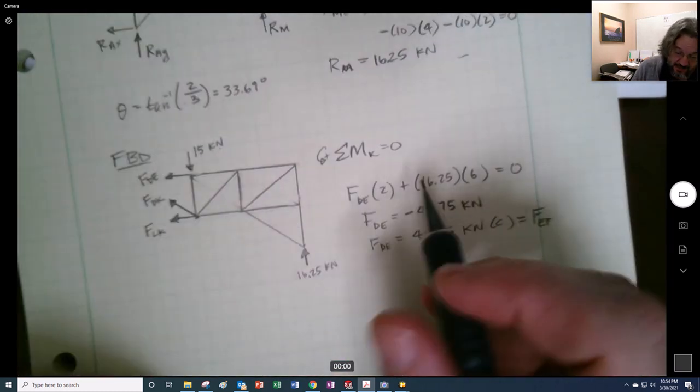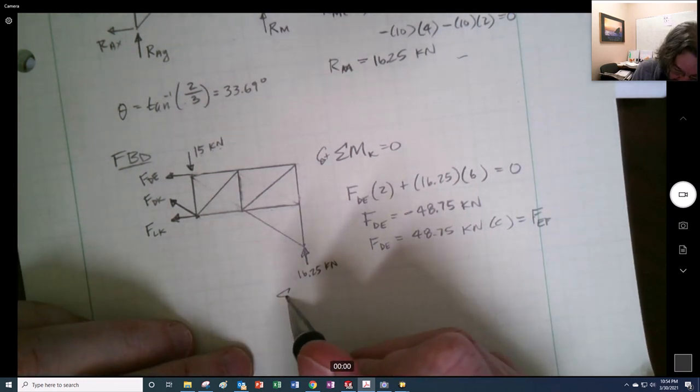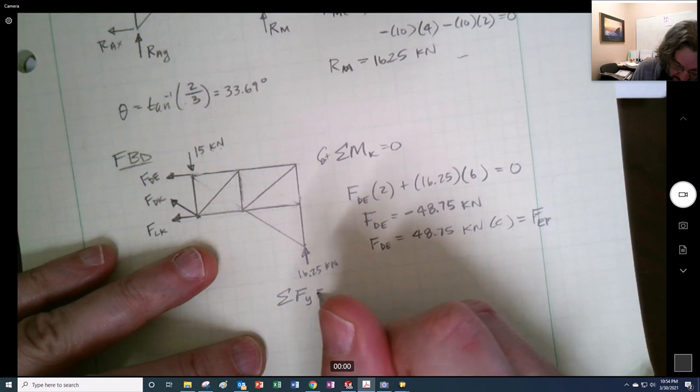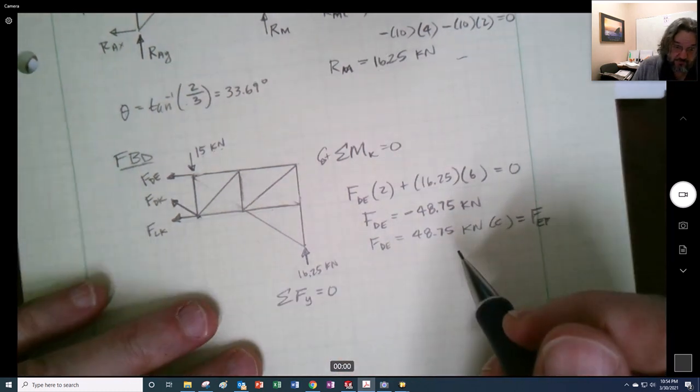Right? And then lastly, we could take the sum of the forces in the y direction is equal to 0.